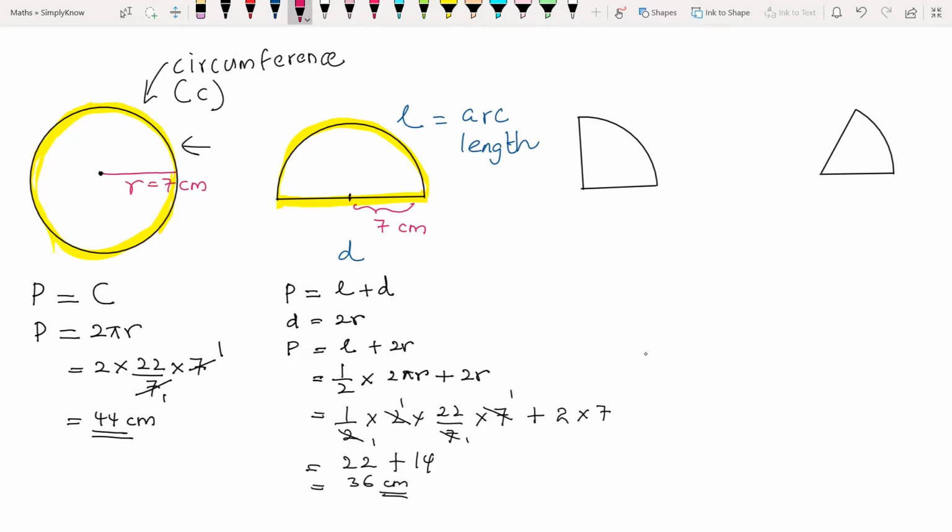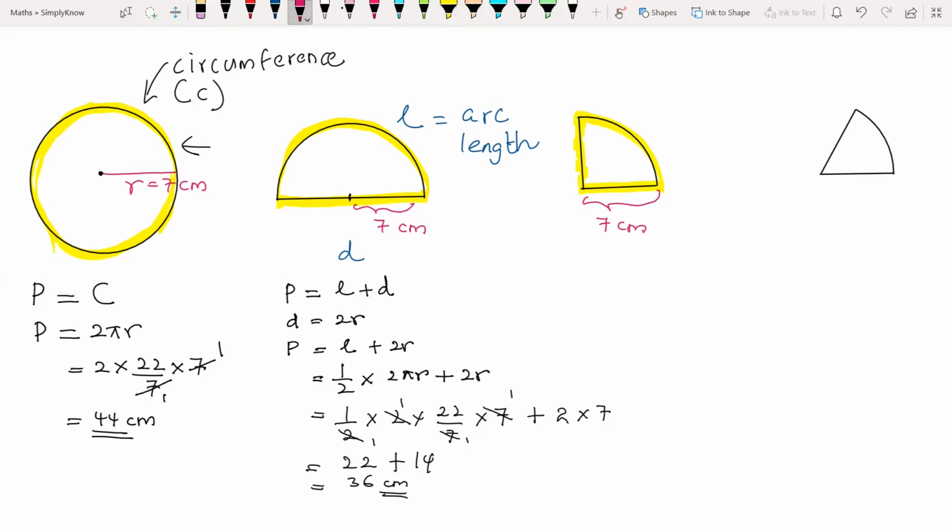Okay, what about this quarter of the circle? Let's say we have the same radius, which is 7 centimeters. Now what is our outline? It's this arc length and also this length. This is radius plus another radius.